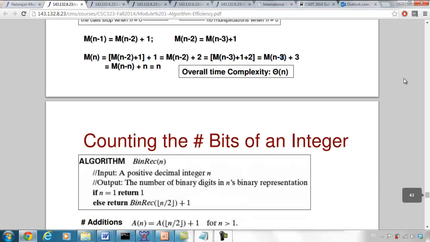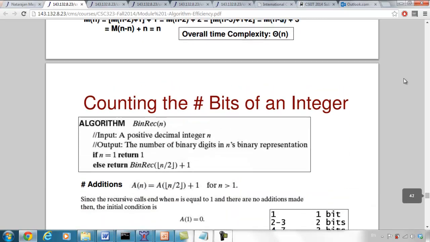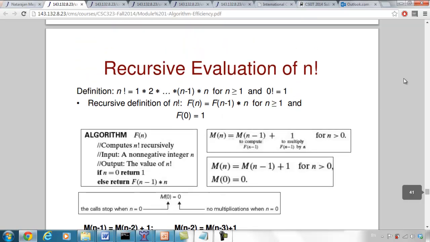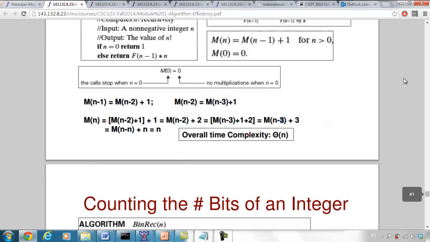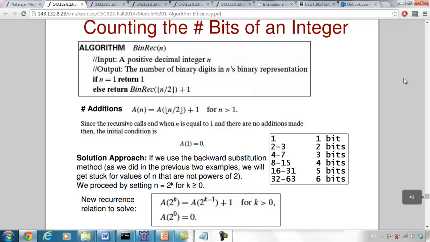Okay. Now another algorithm. That was with respect to factorial computation. Another example we could see here is counting the number of bits in an integer. If you look at an algorithm to compute the number of bits needed to represent an integer, it's again kind of recursive, where the number of bits increases exponentially.